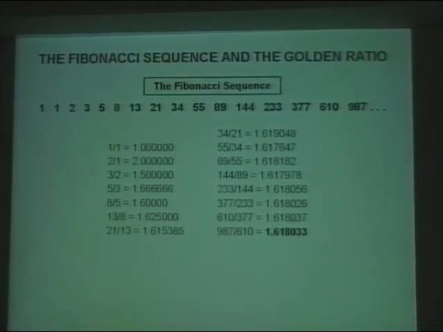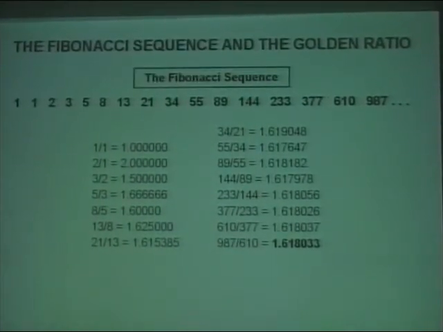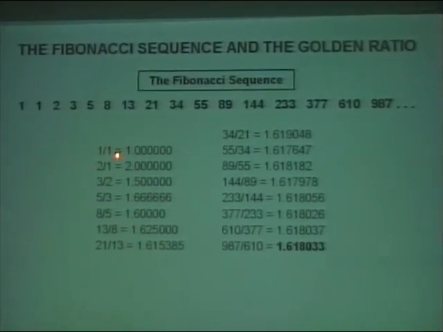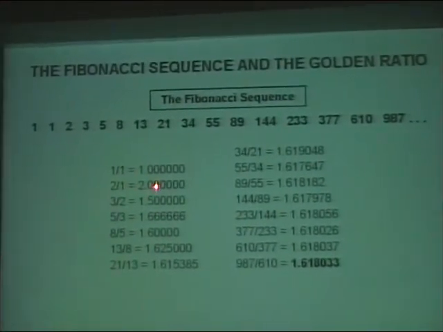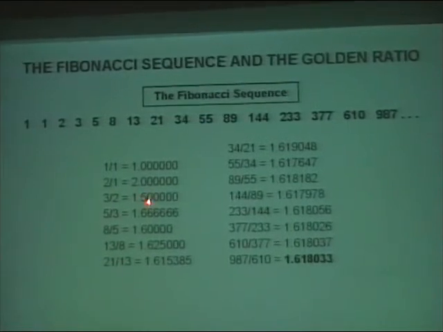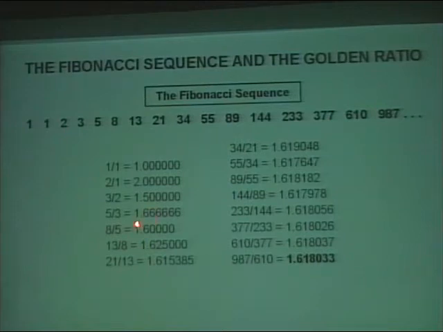And notice what has happened is that we are constantly, in this process of division, approaching phi. The first division is way below it. The second division is above it. The third is still below it, but not quite so far below. The fourth division is above it, but not so far above it. And with each division, we get closer and closer to phi.